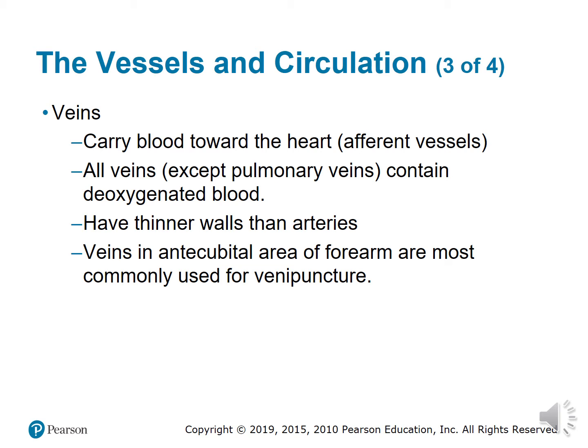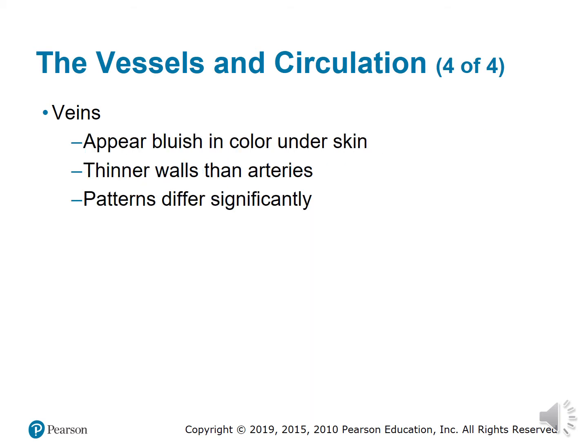All veins except the pulmonary vein contain deoxygenated blood. They have thinner walls than the arteries. Veins in the antecubital area or forearm are most commonly used for venipuncture. Veins appear bluish in color under the skin.